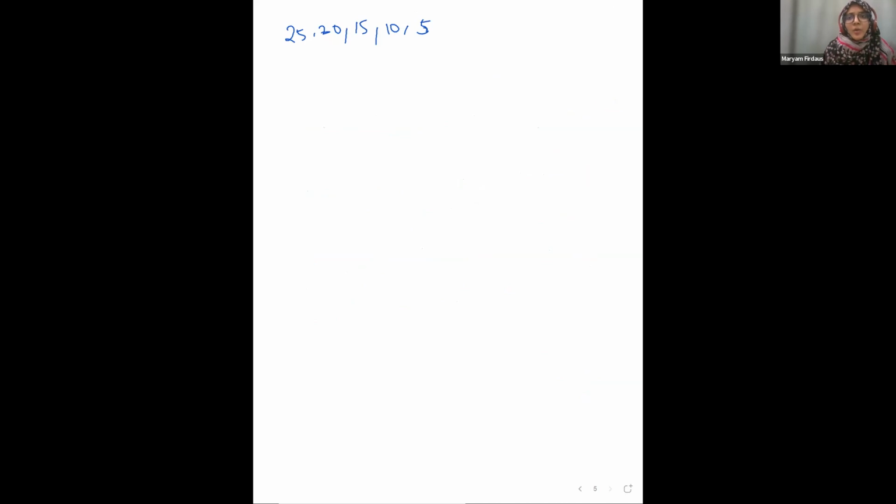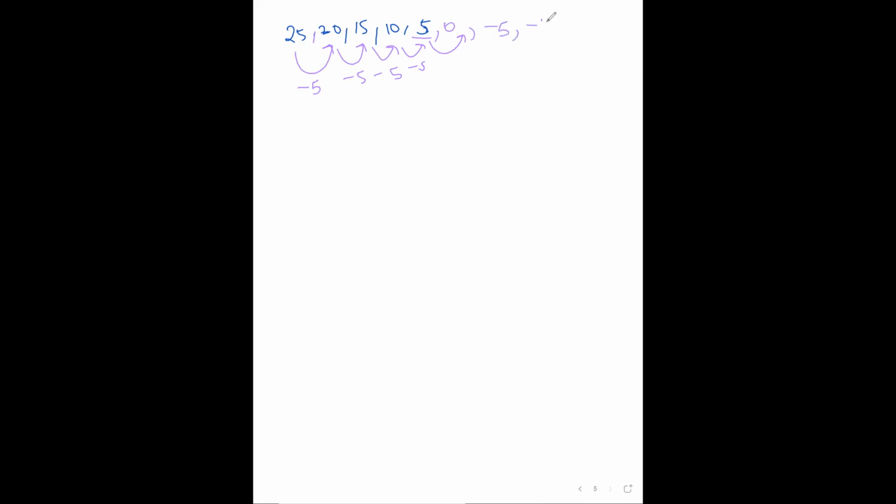So what are we doing each turn? We are subtracting 5. Is that true? So if we are subtracting 5 from 5, what do we get? Do we get minus 5? No, 0. We get 0. So first you will write 0, then minus 5, then minus 10. Excellent. So let's keep it till there itself.